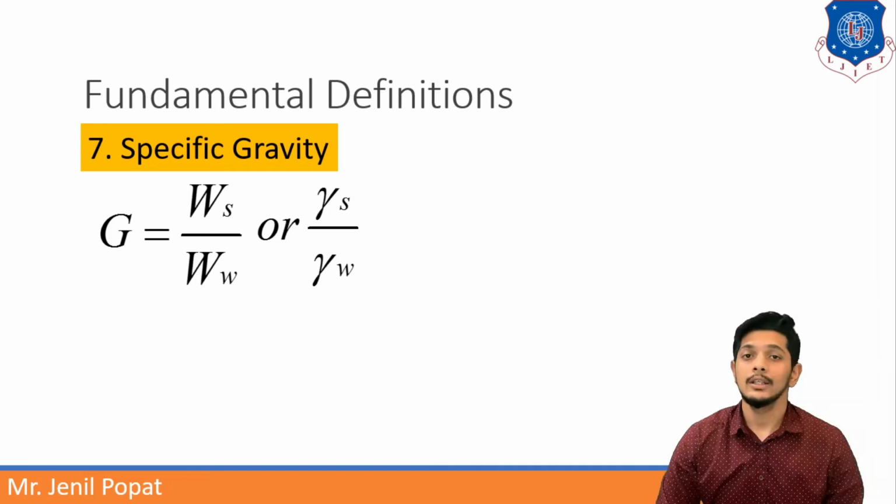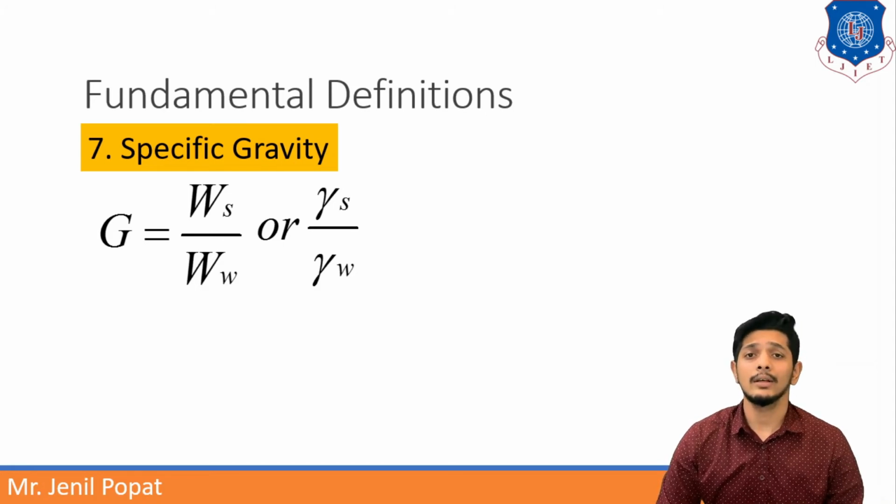Specific gravity is further divided into two types, that is absolute specific gravity and mass specific gravity. Here we have understood absolute specific gravity, and the next type, mass specific gravity, is denoted as G with suffix m, Gm. If you take bulk unit weight instead of solid unit weight, it is mass specific gravity.